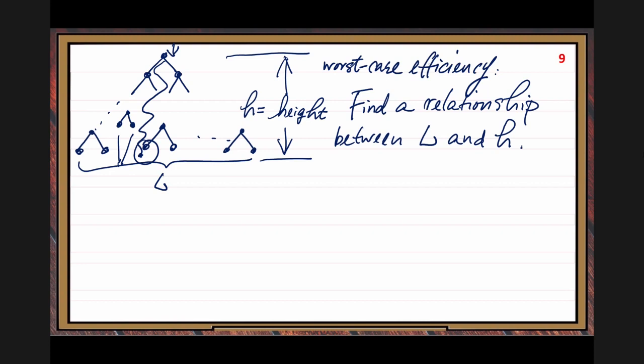Now, to get this relation, imagine we draw a complete binary tree. You know complete binary tree, right? All the levels are full, including the bottom level.